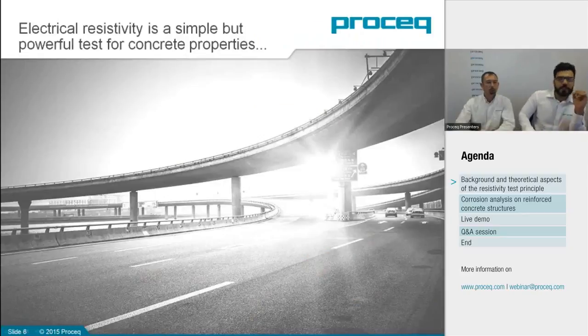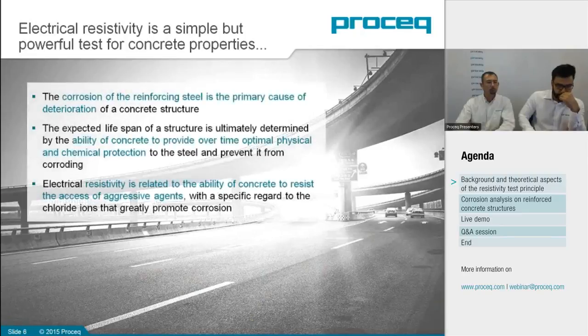So electrical resistivity is a very powerful test principle, although it can be fairly simple. Corrosion of the reinforcing steel, as we highlighted earlier as well, is one of the primary causes of deterioration in concrete structures.